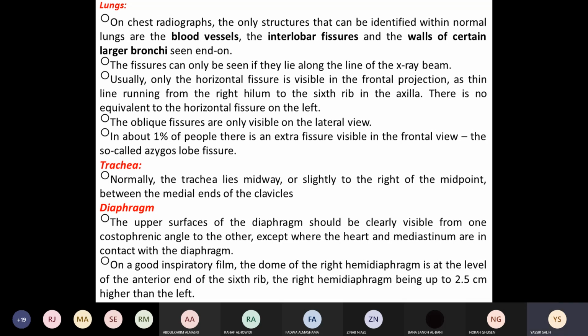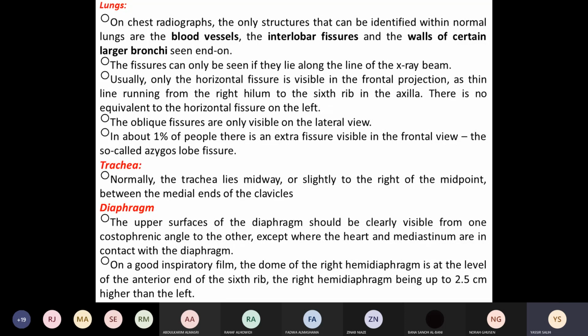These are called interlobar fissures. We have another anatomic variant lobar fissure, seen in 1% of people, which is called the azygous lobe fissure. What is it called? The azygous lobe fissure. This could be seen in 1% of patients.